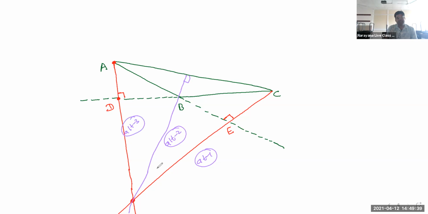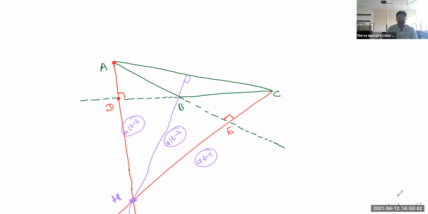All these three altitudes intersect at this point. And the point of intersection of altitudes is called the orthocenter of a triangle. Got it or not? So in the case of an obtuse angle triangle, the orthocenter lies outside the triangle. Got it?